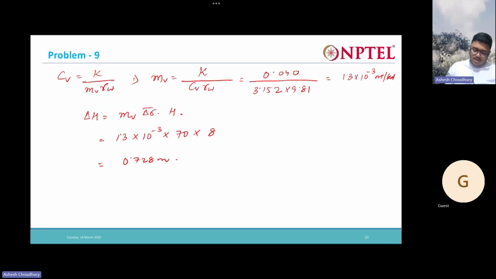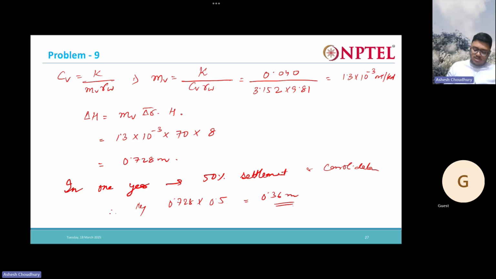So in 1 year we have 50% settlement or consolidation. Therefore, 0.728 times 0.5 is 0.36 meter settlement will happen in 1 year. Okay.